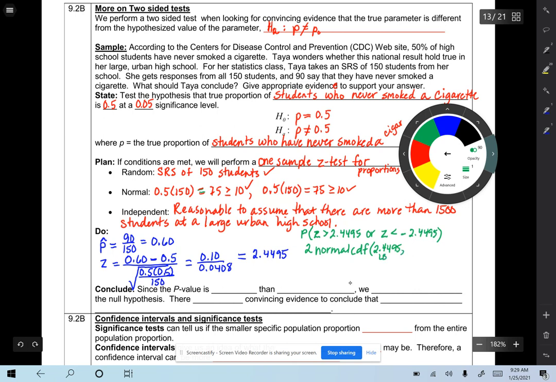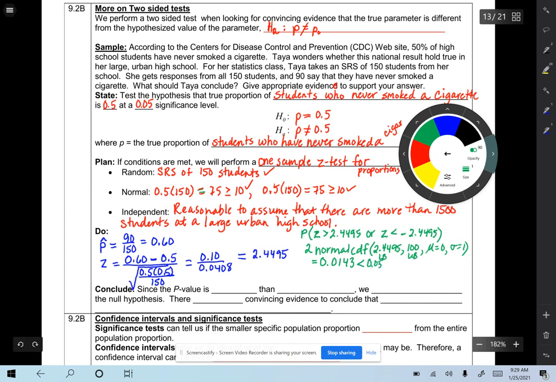Upper bound is some large number. Your mean is 0, and your standard deviation is 1. Enter that into your calculator, and you will get a p-value of 0.0143. You want to compare it with alpha, and we know that it's less than 0.05.